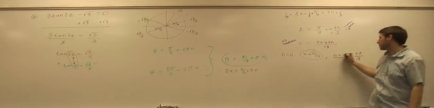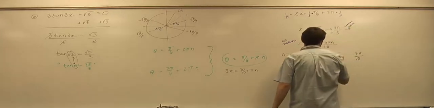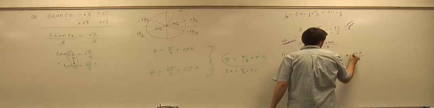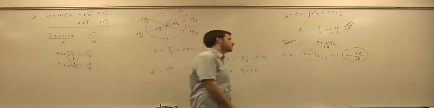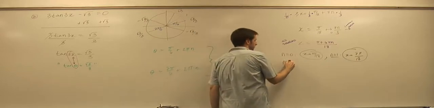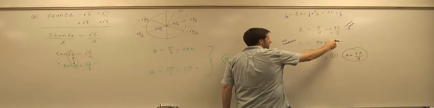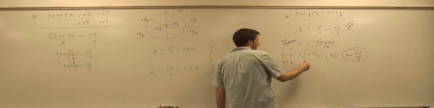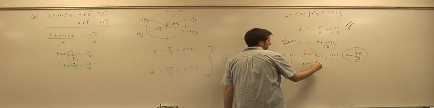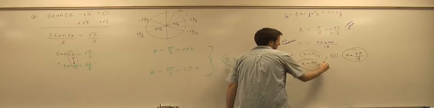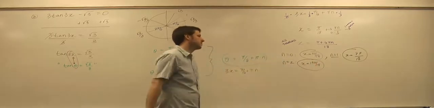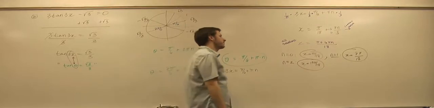So there's your x value. If n equals 2, pi plus 6 pi times 2, pi plus 12 pi, and you just keep going.